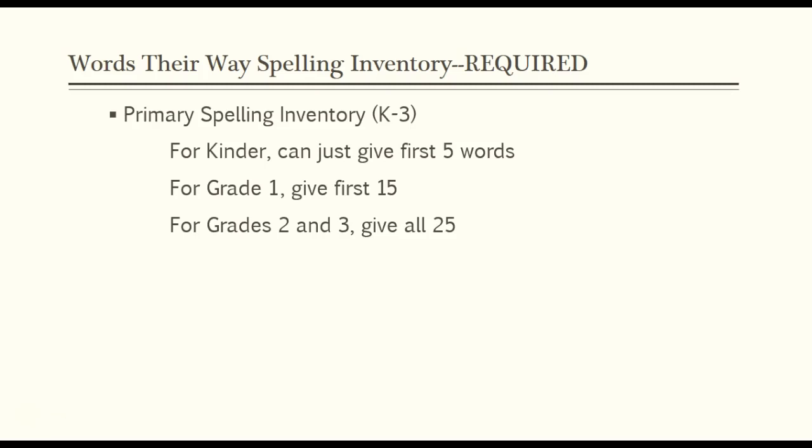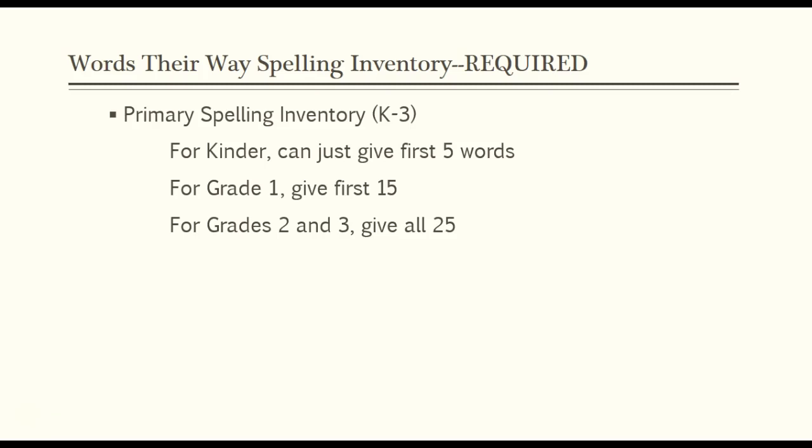We just wrapped up a summer reading clinic that was a fabulous experience, and this was one of the assessments we used. And even though they were students going into first grade, we still gave them all 25 because we wanted to really see performance on all 25 of the words from the beginning to the end.